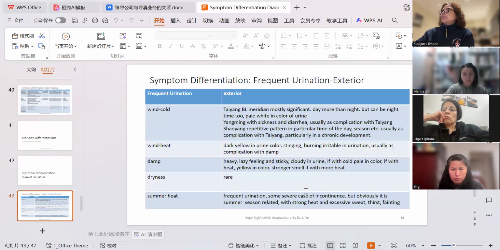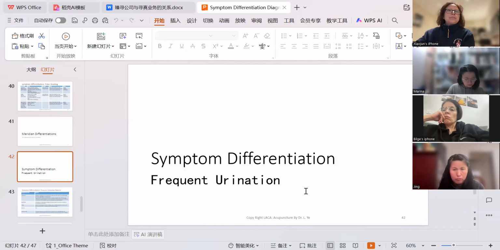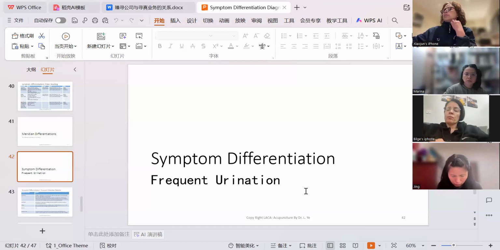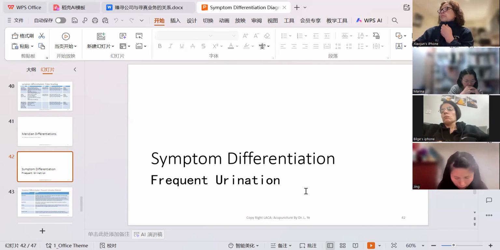I think I will leave this one, the symptom differentiation, like frequent urine exterior, for you to think about. How to work out, if people present these symptoms, frequent urination, whether this is exterior or interior?